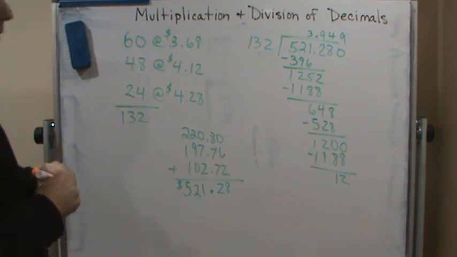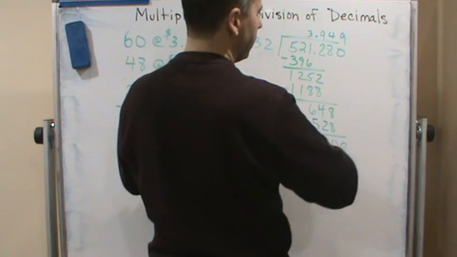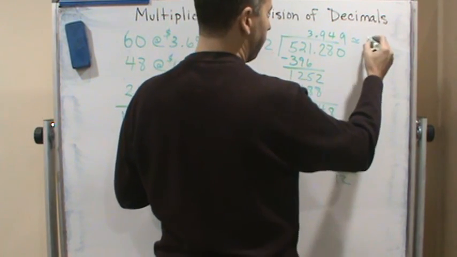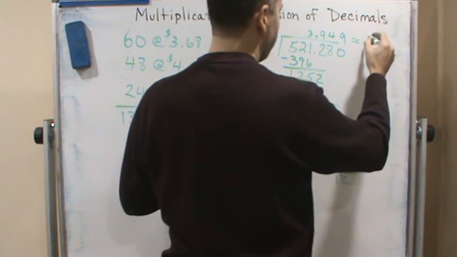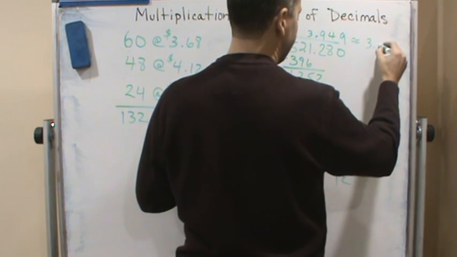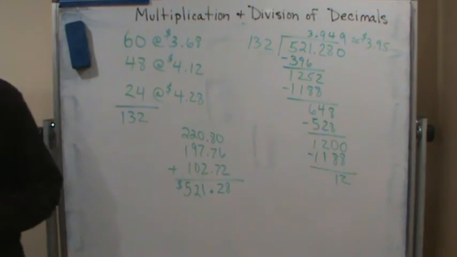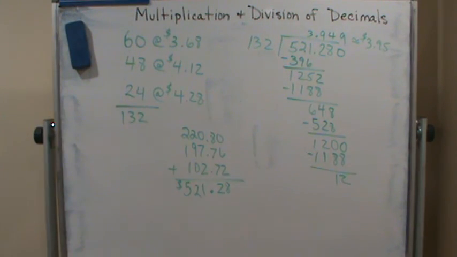Okay, so now I'm done because now I can round to the nearest penny. And so the average cost to the nearest penny for all of the components was $3.95 per component. And that's it. Have a great day.